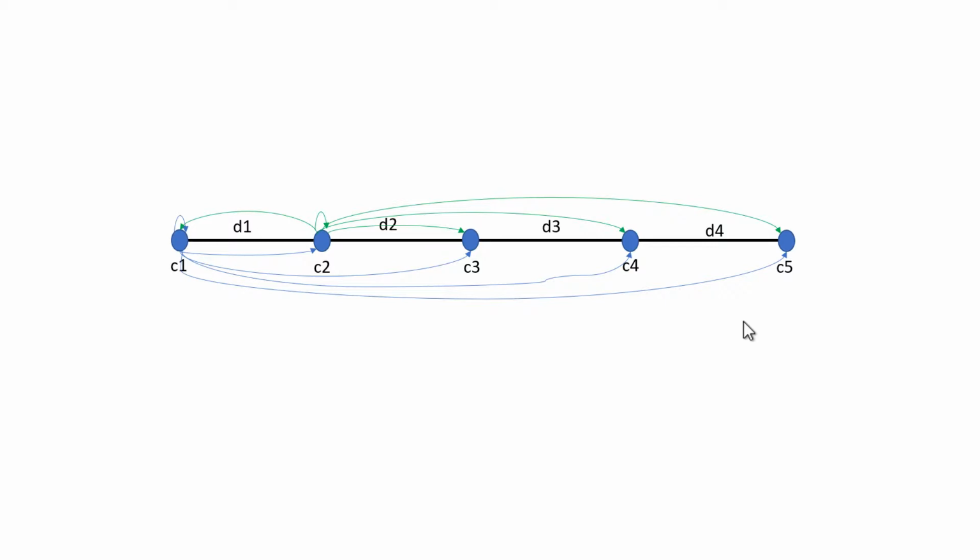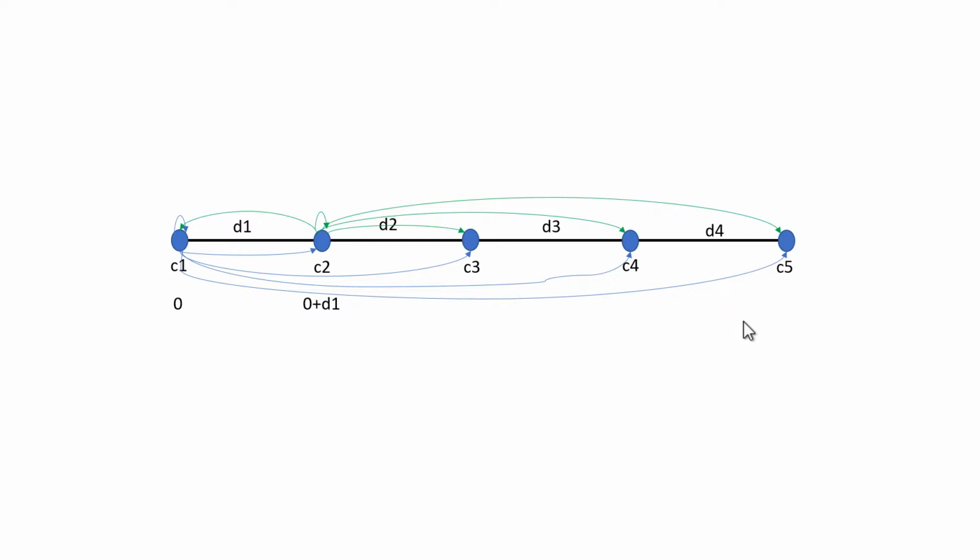Let's say the location of the first city is 0, and as we know the distance between the first city and the second city, the location of the second city is 0 plus D1.